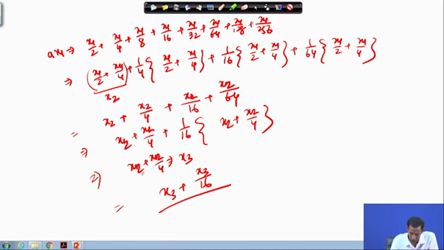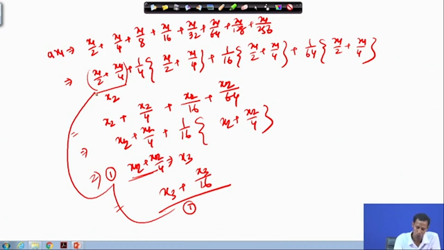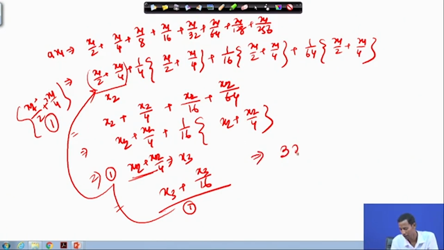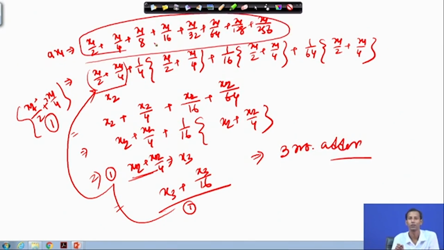So, that means to do this x 2 plus x 2 by 4, I require only one adder. Here I require one adder, and to do this x 1 by 2 plus x 1 by 4, I require one adder. So, that means total 3 number of adder operations I require to do this whole addition operation.